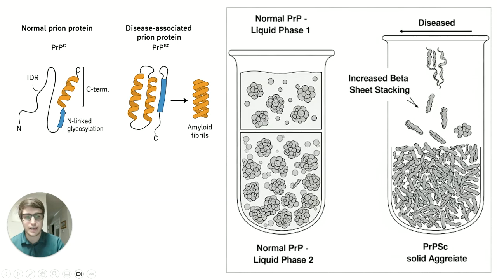And the interesting thing is you can take some of these disease prion proteins, and if you put it in a test tube of normal prion proteins, it's actually going to cause them to form these thicker fibrils.